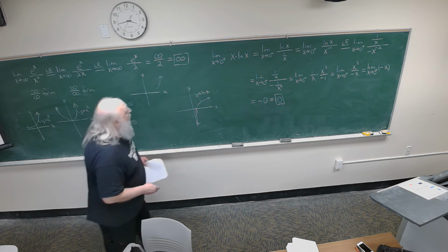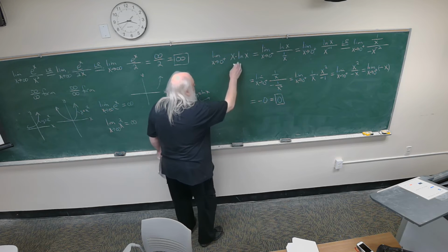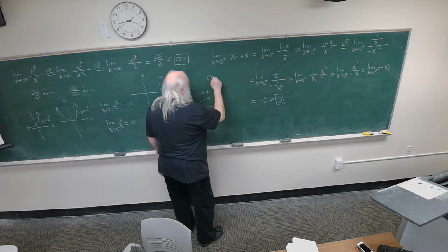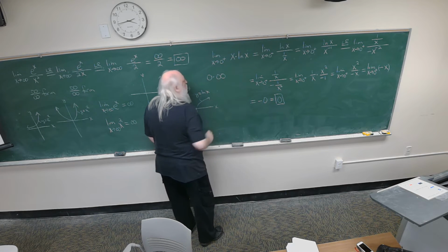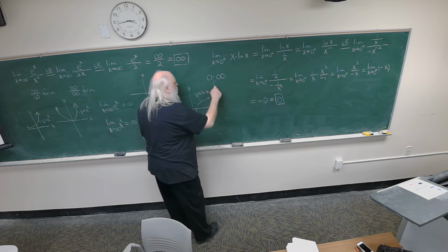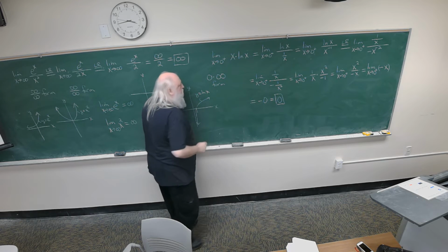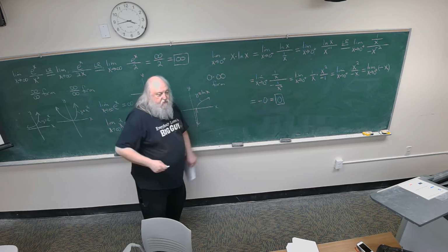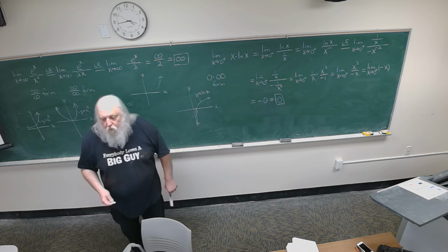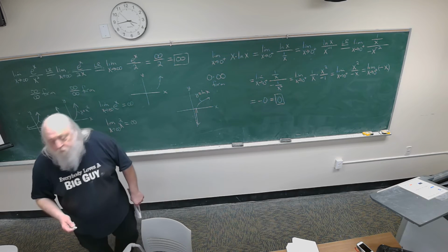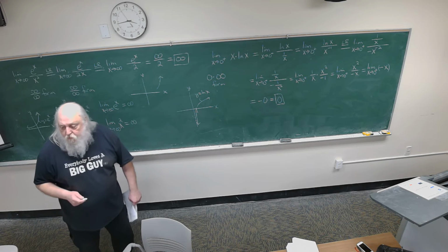So whenever you have a function that's of 0 times infinity form, you've got to manipulate that function to get it into 0 over 0 form or infinity over infinity form before you can apply L'Hopital's rule, okay?